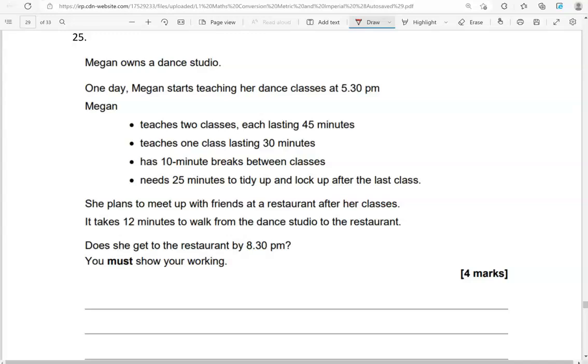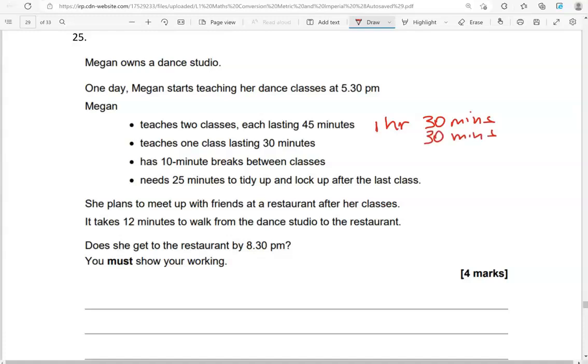So the 2 classes lasting 45 minutes each, that is 90 minutes for both of them, which is 1 hour and 30 minutes. And then we've got 1 class which lasts 30 minutes.